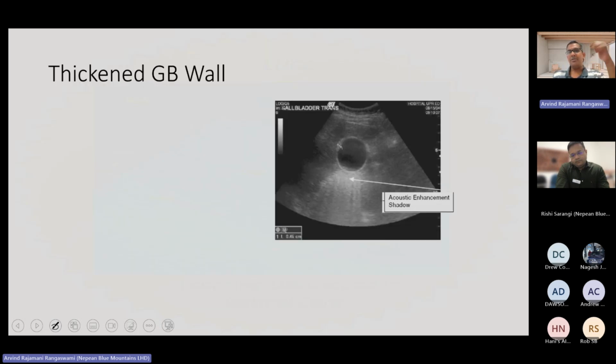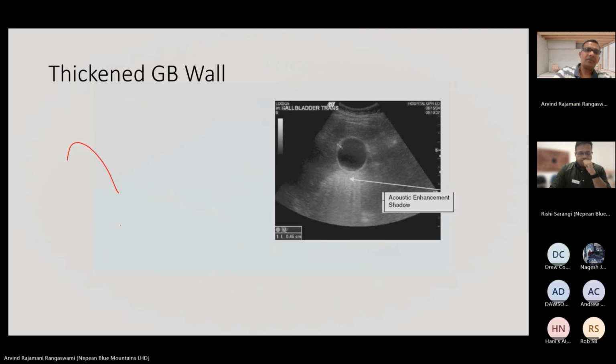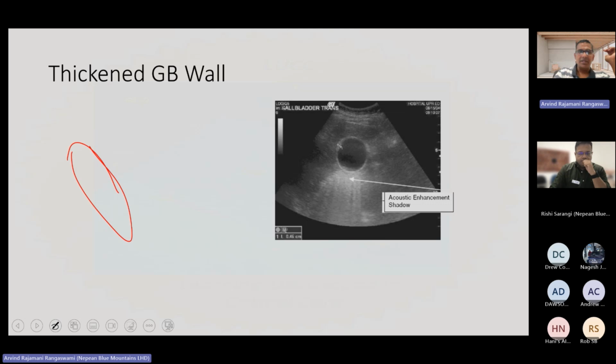Now, just coming back to this, the softer signs, I've talked about it to some extent, where thickening of the gallbladder, what you do, I told you before that I don't really worry too much about the transverse plane for the gallbladder, except for when I want to do measurement of the gallbladder, I want a standardized location. So if you have a long axis of the gallbladder and you're taking a measurement, ideally the measurement should be bang along the middle of the gallbladder.